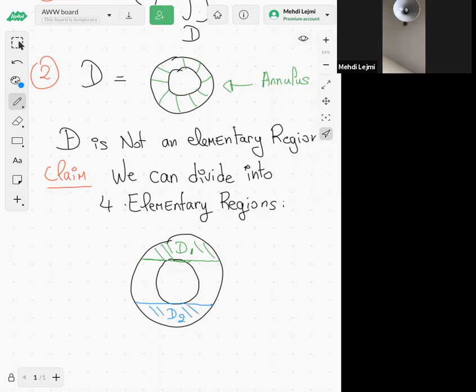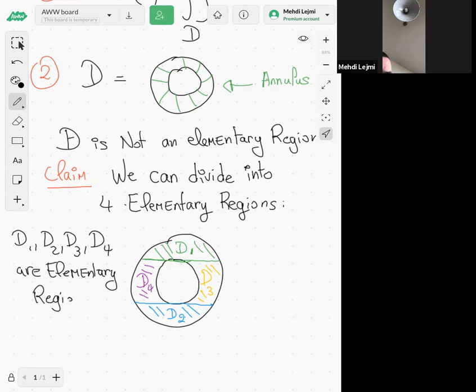And then the third one would be this one, and the fourth elementary region would be this one here. All right, and so what I'm saying is that D1, D2, D3, D4 are actually elementary regions.